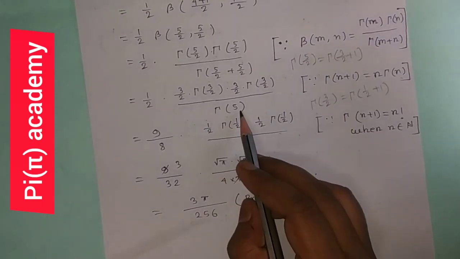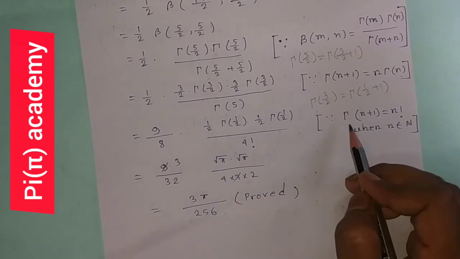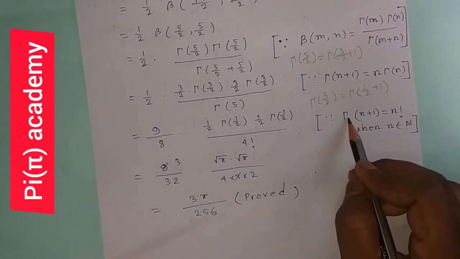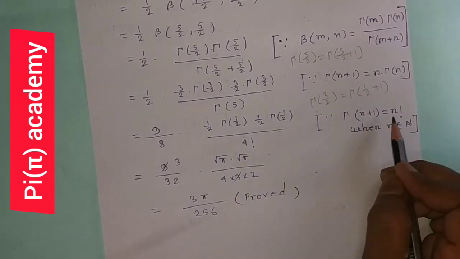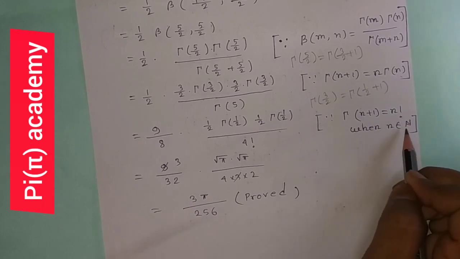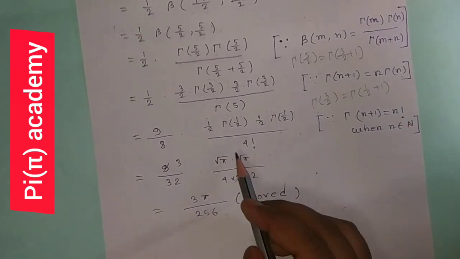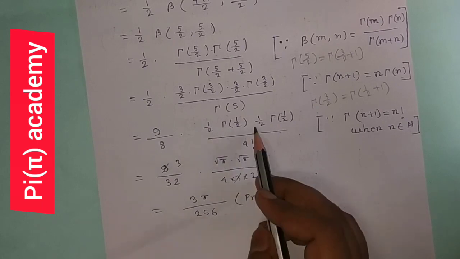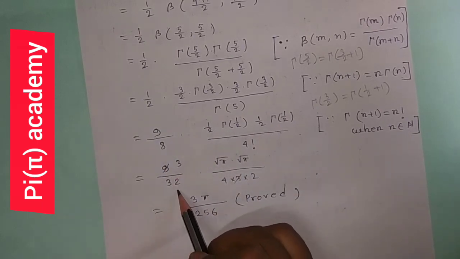And gamma 5 equals 4 factorial, because we know that gamma (n plus 1) equals n factorial when n belongs to natural numbers, and this is also 2, 2 and 8, therefore 32.